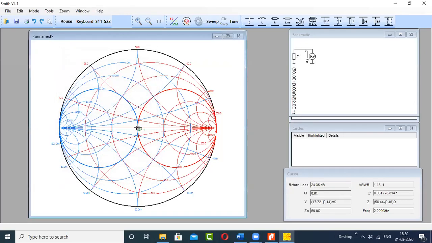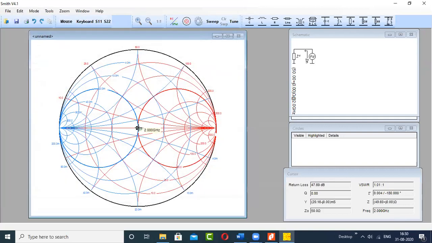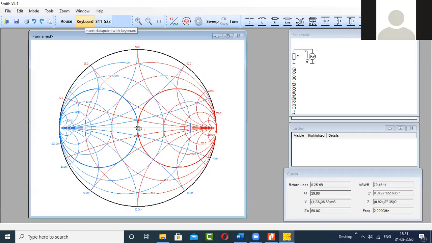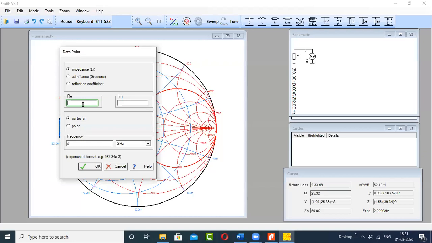Okay, now you can see that 50 goes to the center because in the setting we have considered the reference impedance as 50 ohm. The reference impedance is always at the center of the Smith chart. Once again, click keyboard, feed impedance information, that is 80 minus 60.